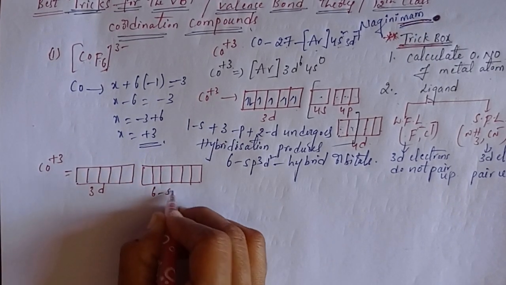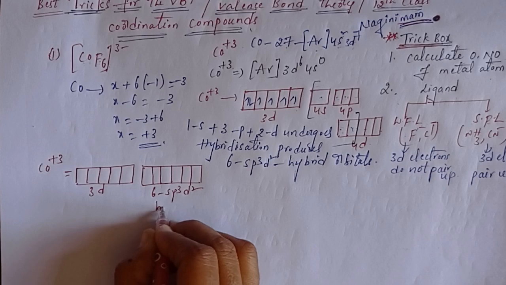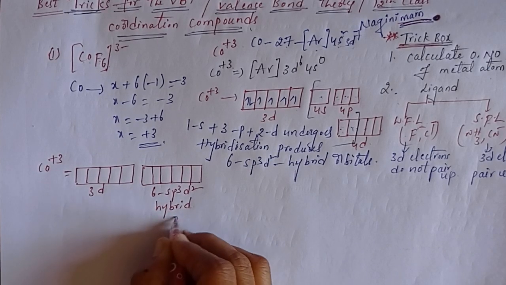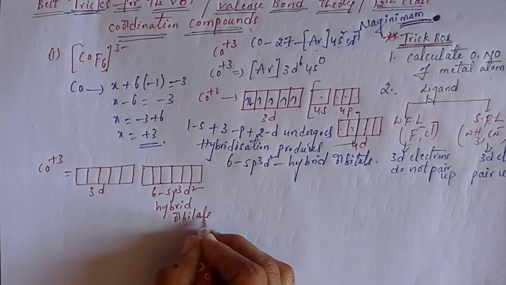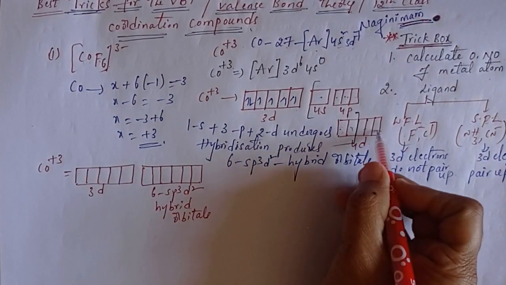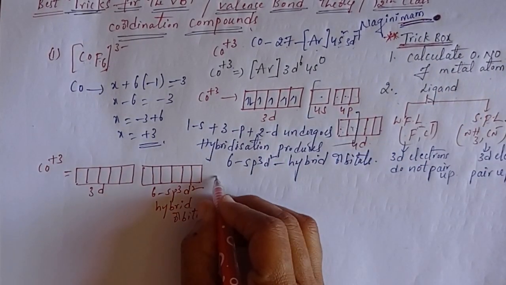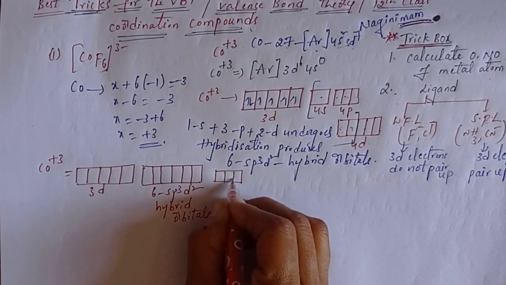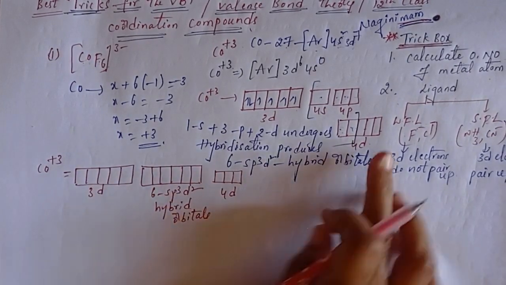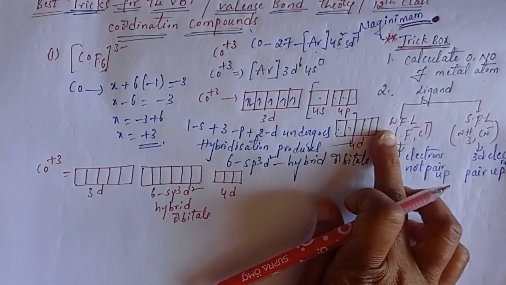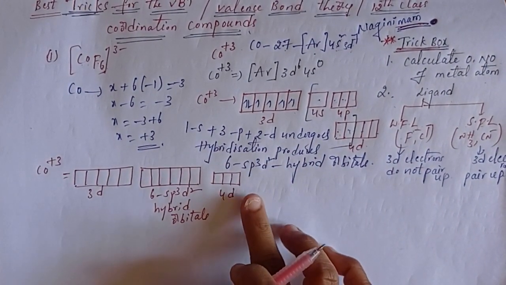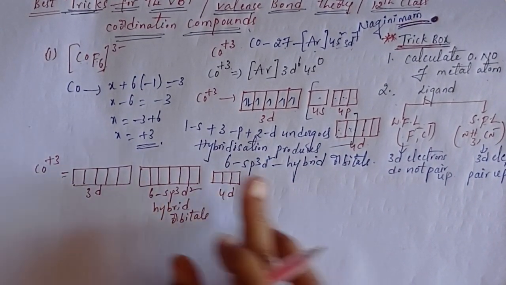These are 6 sp3d2 hybrid orbitals. Clear? Remaining 3 are which one, students? The extra orbitals. These 3 we have to write separately. Okay, these are 4d orbitals, correct? 1, 2, 3. These 3 I wrote separately. 4d. Are you understanding? 4d.